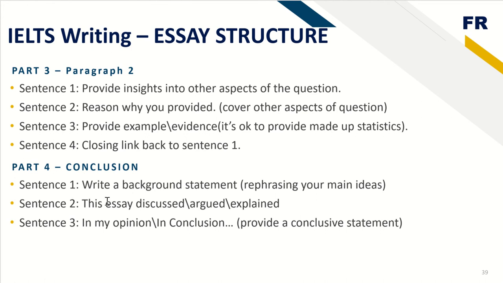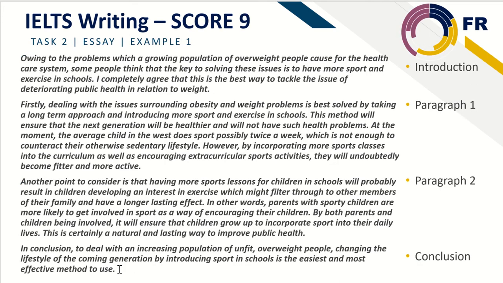You could also mention that in this essay we discuss how to curb this issue by introducing more sport lessons. And in conclusion, we believe that this is a long lasting solution to the existing problem of obesity, and by involving parents and children, we could curb the health problems in the longer run. Let's see how that's done here in different words.